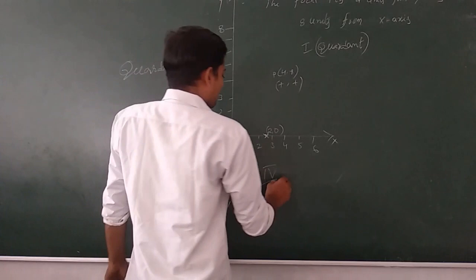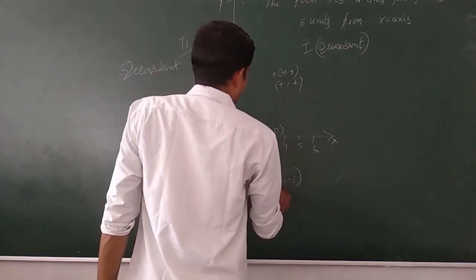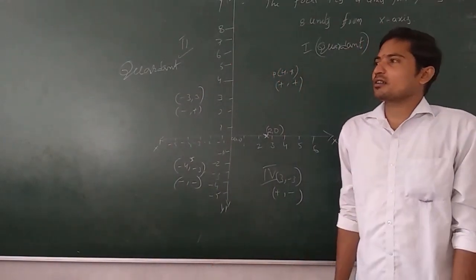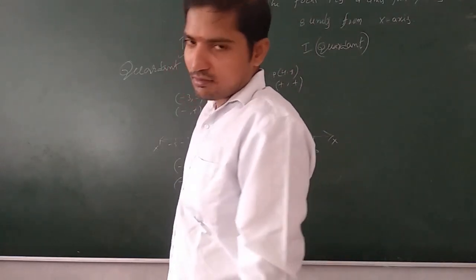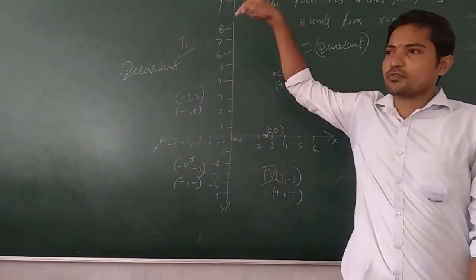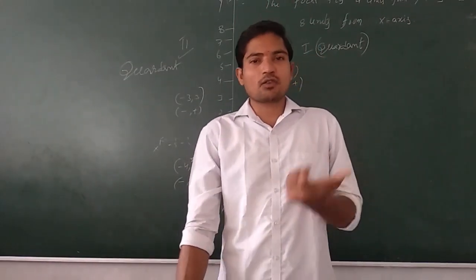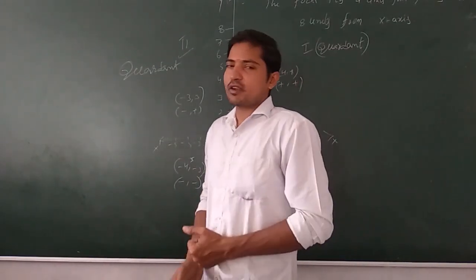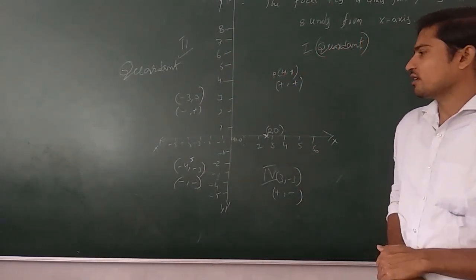I take any point here, (3, -3), then positive and negative. Depending on the sign of a point, we can decide which quadrant it belongs to, whether first, second or third quadrant. So both positive is quadrant 1 and both negative is quadrant 3.